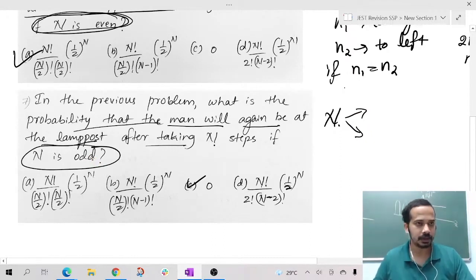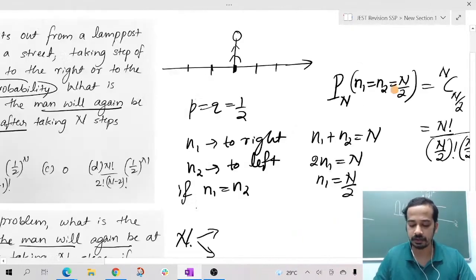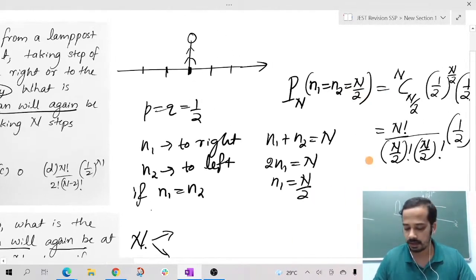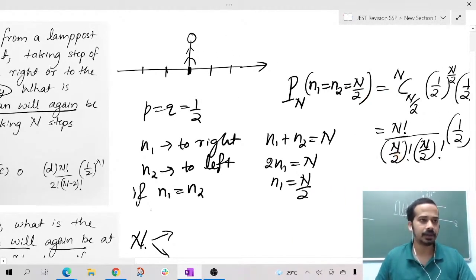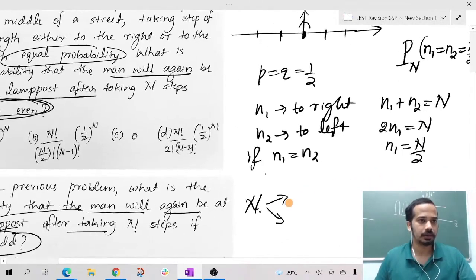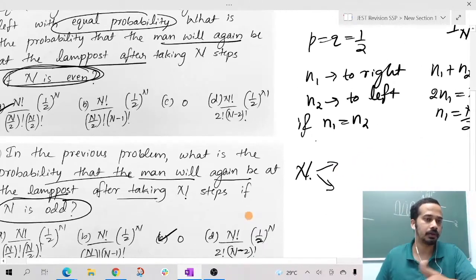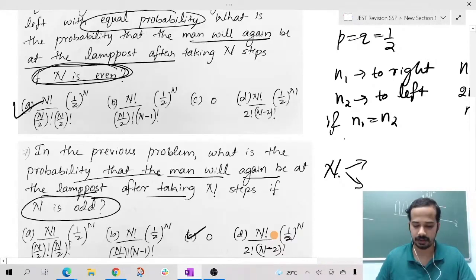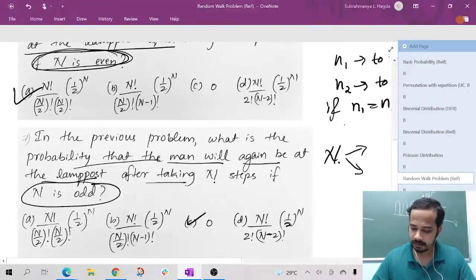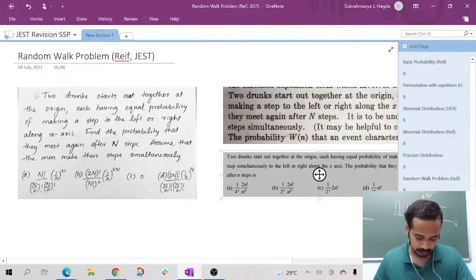There is no possibility of getting back to the lamp post again or origin again. That's why this probability is 0. Okay, don't go for defining this one because this would be meaningless. You will get some half integer or some fractional power or factorial or something. Okay, just avoid this step. Okay, I hope you can deal with this question. Not a big deal.